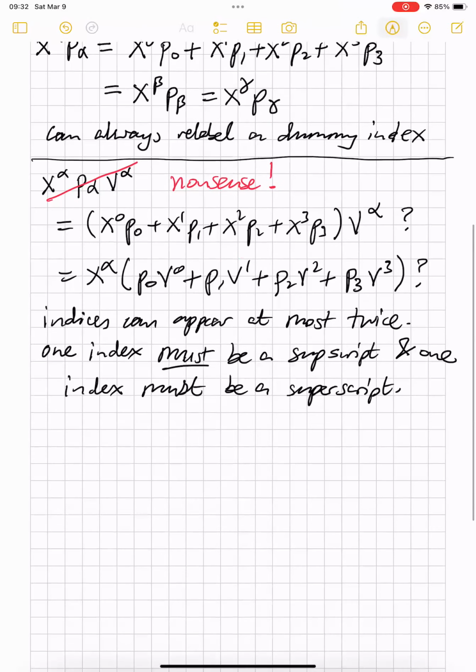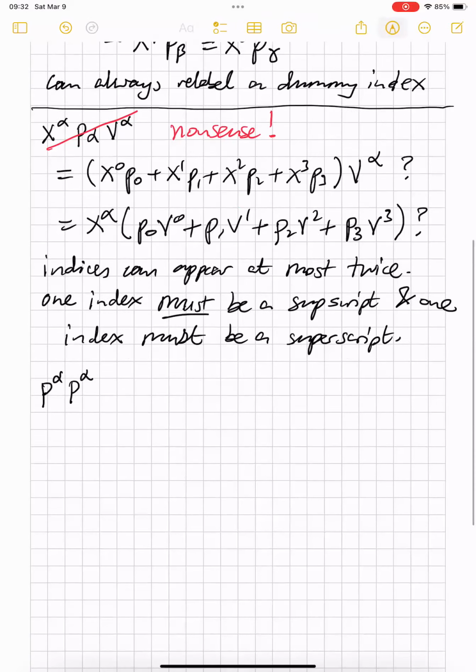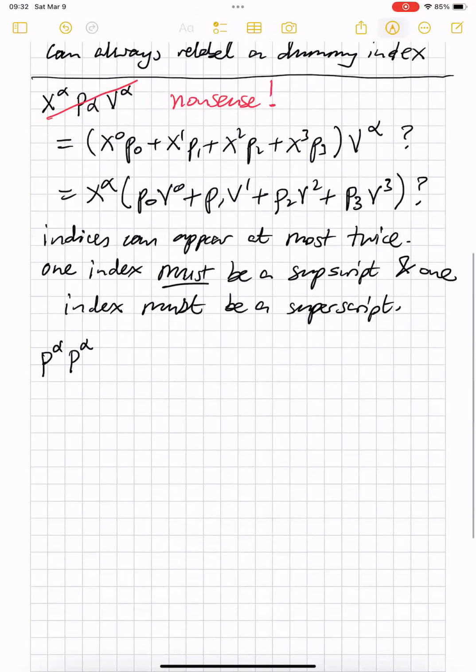And that's just because if you have P alpha, both indices up, and you summed, what you get is not Lorentz invariant. If you get both indices downstairs, what you get is not Lorentz invariant. So neither of these would you consider.